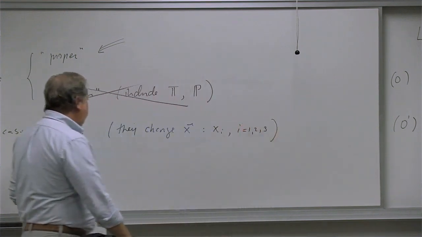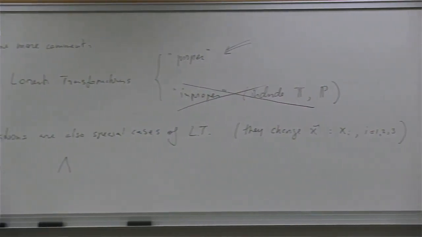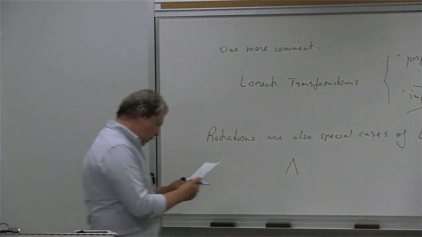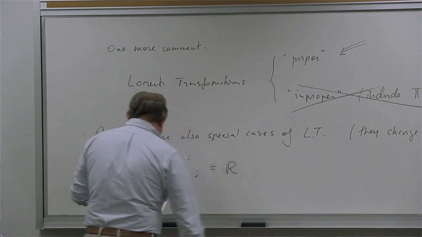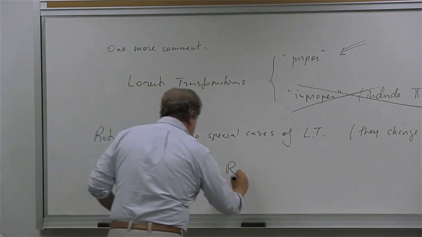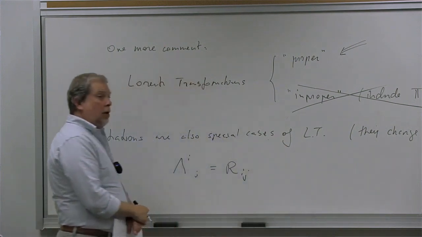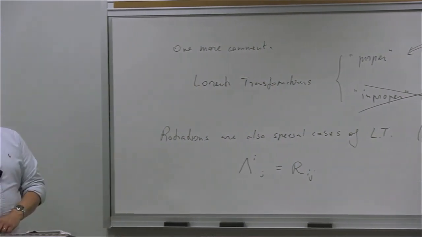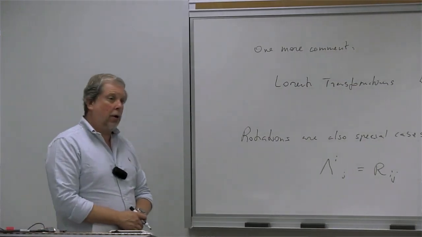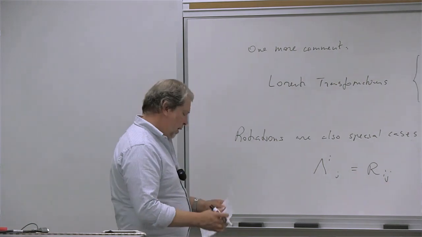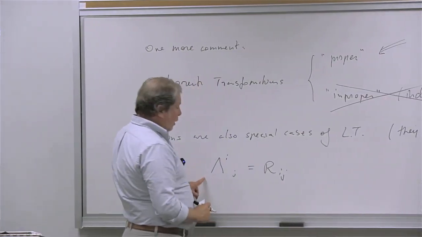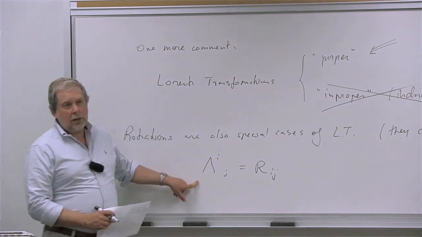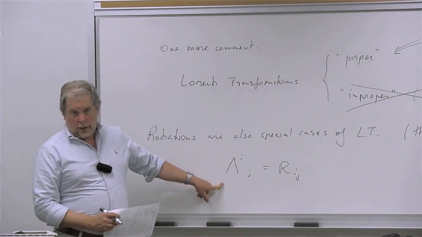So they change the x, and so they're also special Lorentz transformations, and lambda^i_j is equal to some matrix, which we refer to as R^i_j, which is a good, honest rotation matrix, which, for example, you can parameterize by a set of 3 Euler angles, if you wish, or by some other way of parameterizing. And so this is, of course, just a 3 by 3 matrix, right? Because i and j run from 1 to 3.